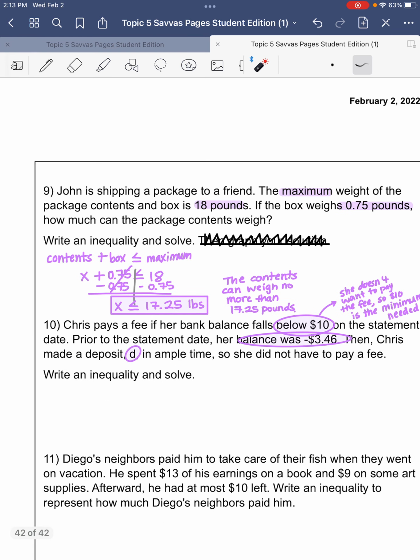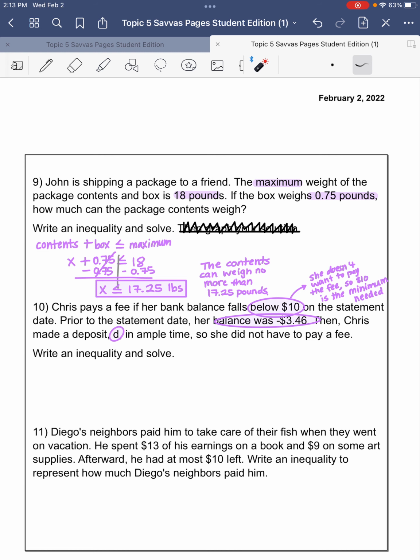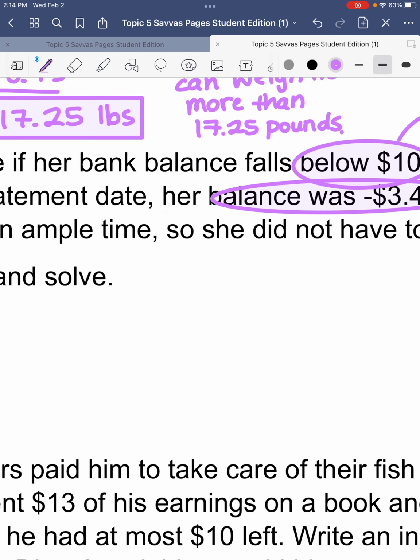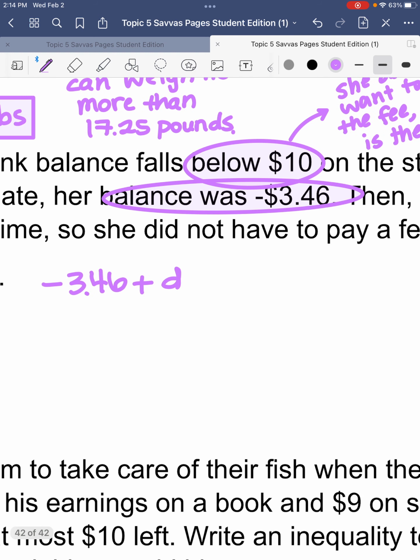Okay? So we are going to start with our starting balance of negative $3.46. And then we're going to add a deposit, meaning we're adding money to our account. And we want our account to be greater than or equal to $10 so we can avoid the fee. Okay? So now, is that an inequality that we know how to solve?